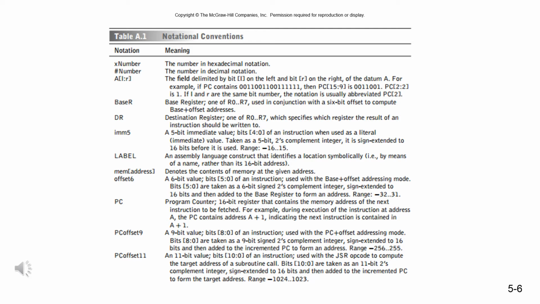PC stands for the program counter. PCoffset9 is a 9-bit 2's complement, sign extended offset used with the PC plus offset addressing mode. And PCoffset11 is an 11-bit 2's complement, sign extended offset used with the JSR opcode, jump to subroutine.